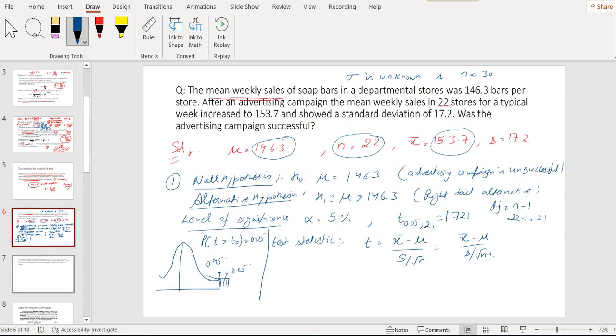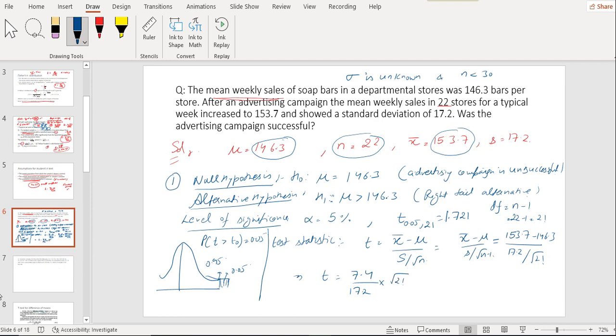If we substitute all these values here, what do we get? The value of x bar is 153.7 minus 146.3. The value of s is 17.2 divided by square root of n minus 1, which is square root of 21. So this is equal to 7.4 upon 17.2 multiplied by square root of 21.